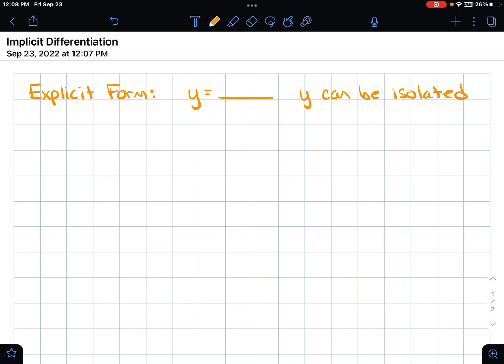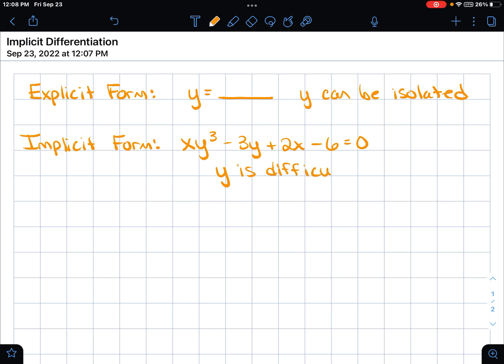But there are situations where it's difficult, if not impossible, to isolate the y. So an example would be something like this. So in that situation, y is difficult, if not impossible, to isolate.